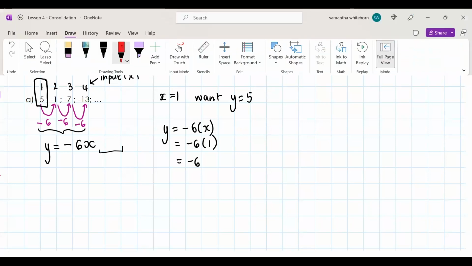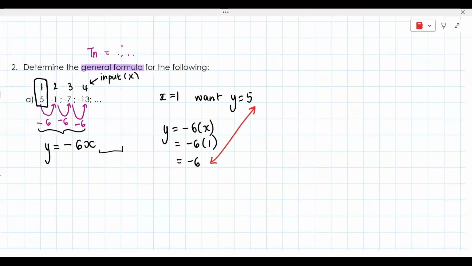Now, I know that's not what I want. I want +5. So now we have to ask ourselves, what do I need to add or subtract to get from -6 to +5? If we think of our number line, I'm going to have to add some more here.